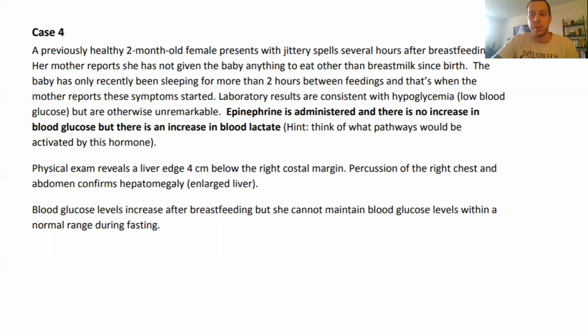An enzyme that catalyzes both gluconeogenesis and glycogenolysis is glucose 6-phosphatase. A deficiency in this enzyme would show inhibition in both pathways. So I think that's the best idea. And a deficiency in that enzyme is von Gierke's disease, or glycogen storage disease 1. So I think it's von Gierke's.